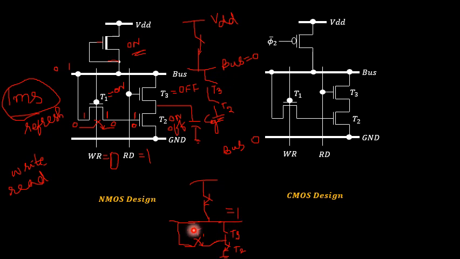So because the bus was equal to 1, the transistor T1 was on, right? If this particular transistor T1 was on, the transistor T2 was also turned on in such condition, and because of the read signal is equal to 1, even the transistor T3 is closed, right? So even the transistor T3 will remain closed because of the read signal equal to 1 now.